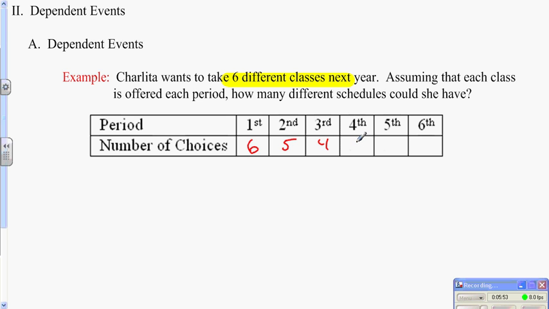And then 4 for the next one, 3, 2, down to their last class. And the counting principle says that we would multiply all these numbers together. And notice that it starts at 6, goes all the way down to 1 without skipping any number, so it's the same as 6 factorial. And that product is 720 different class schedules that that person can make.